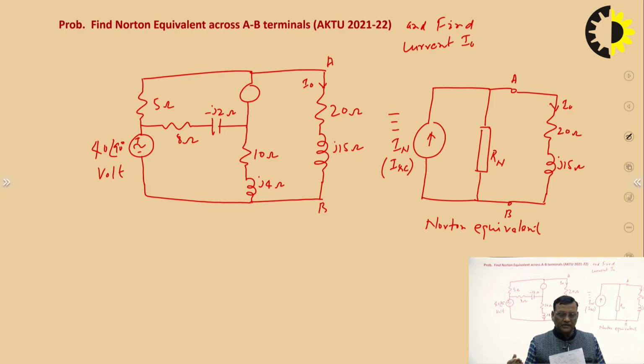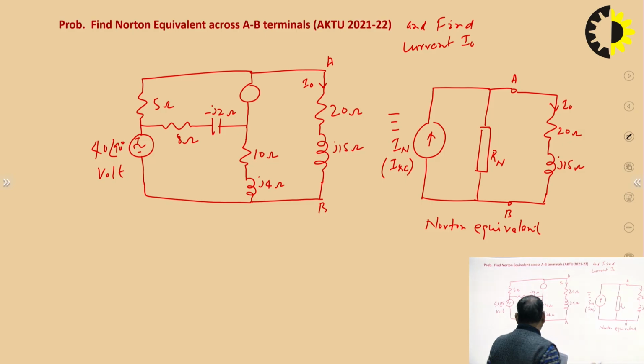One is to take the ratio of open circuit voltage to the short circuit current, or apply a pseudo voltage source VDC across the AB terminals and replace all the independent energy sources by their internal impedances. The procedure is the same. By and large, Norton's theorem and Thevenin's theorem procedures are the same. So, you have to find this circuit IN and RN. IN is nothing but the short circuit current across the AB terminals.